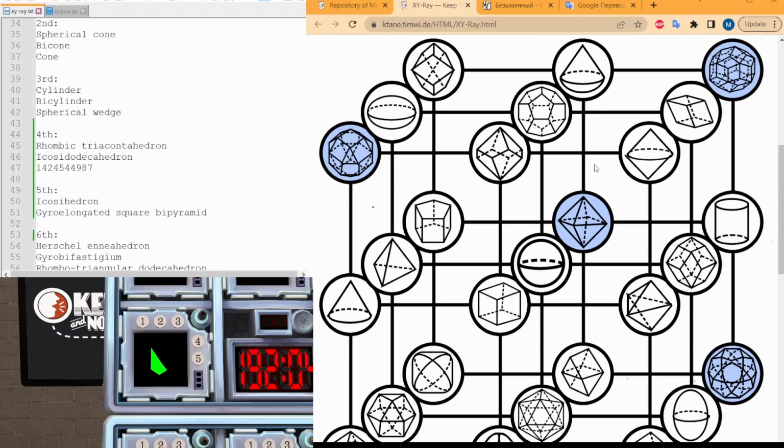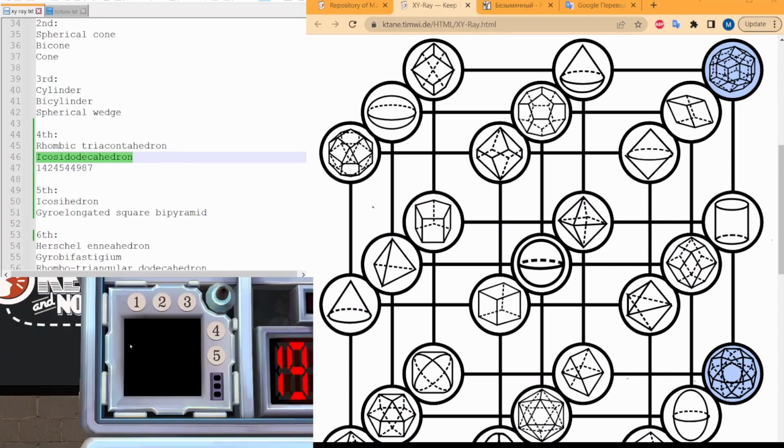Oh, and I forgot to say, since we're looking at the fourth group of these two shapes, Rhombic Triacontahedron, which is this one, and Icosidodecahedron, which is this one. One of the ways you identify them is by the number of breaking vertices. They have a lot of sides, and if you see a lot of stuff going on the screen, this probably means one of these shapes, but it's not a reliable way.